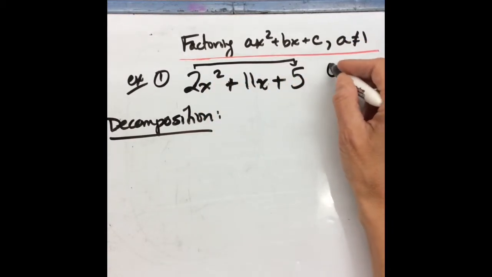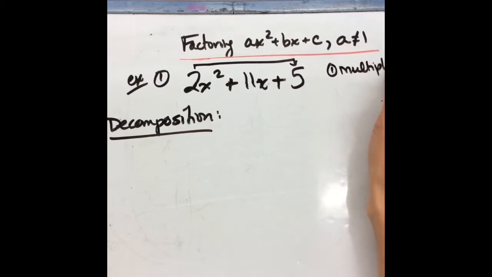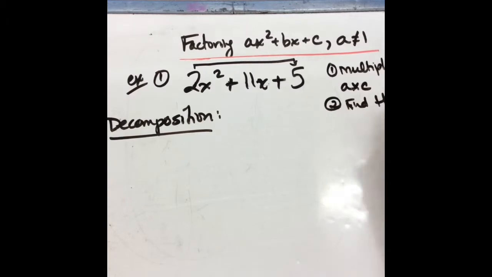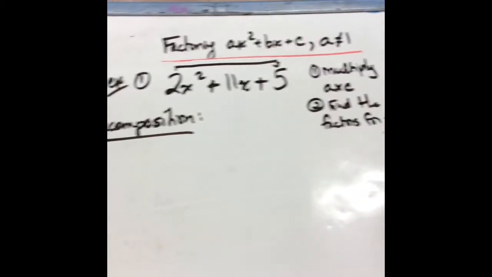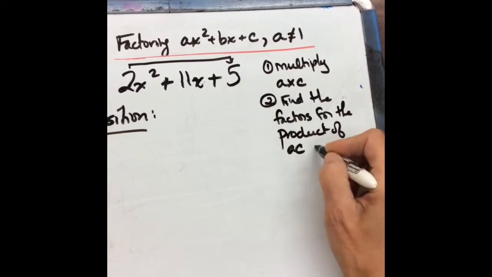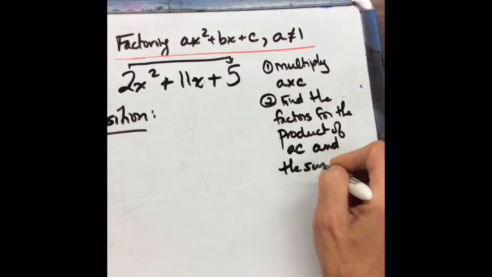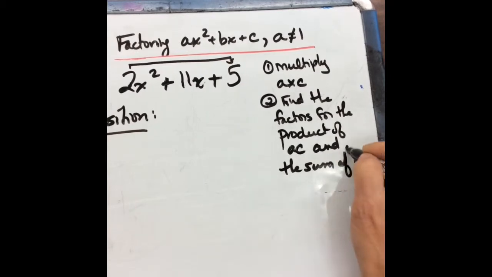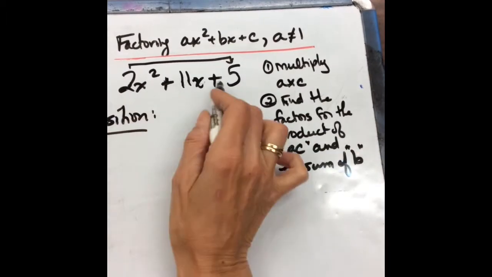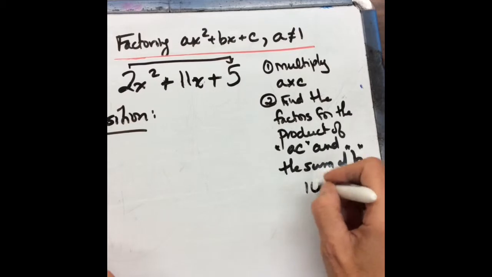So multiply A times C. Find the factors for the product of AC and the sum of B. In other words, what we're doing, we're multiplying 2 by 5 here and we get 10.